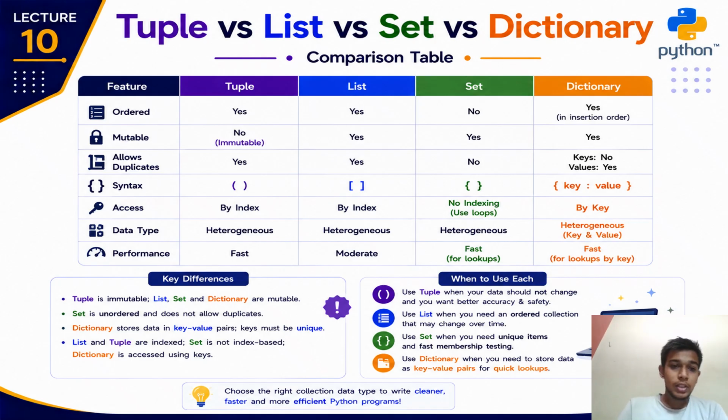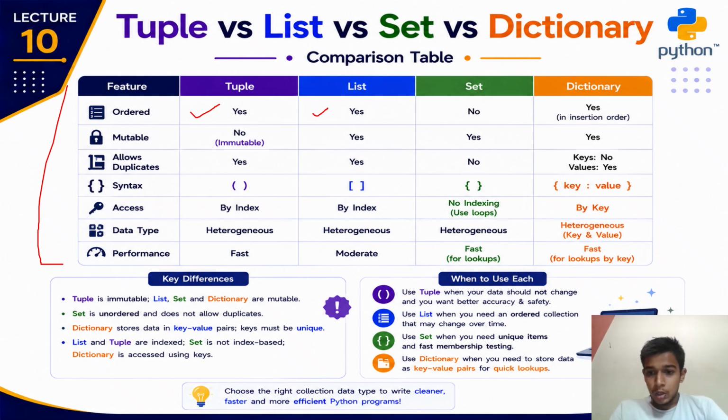Now, here you can see the features. So the first feature is ordered. An ordered collection keeps the items in the same sequence in which they are inserted. So you can see a tuple is ordered, list is also ordered, set is not ordered.